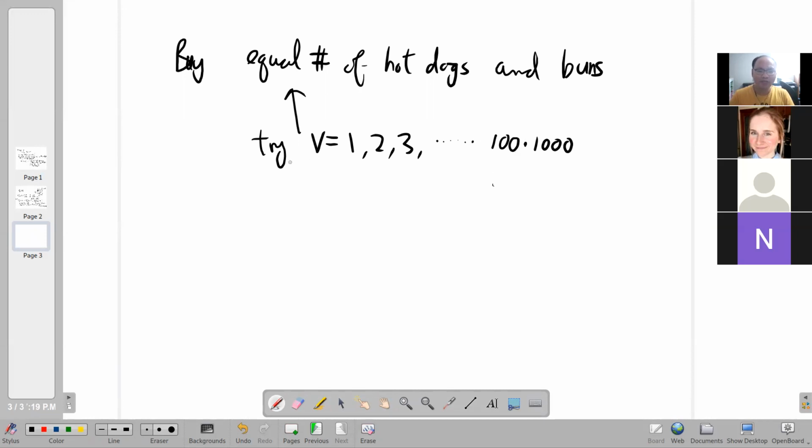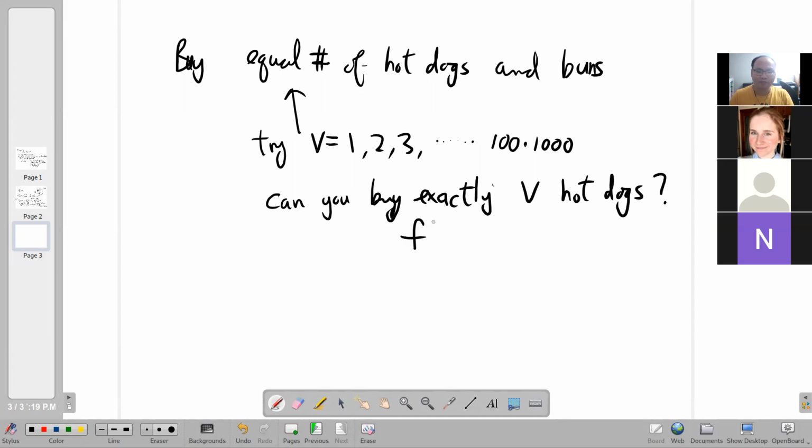Try each of them. For each one, you ask, can you buy exactly V hot dogs? So how do you ask that question? Well, you look at F_H(V, H) using all of the packages.